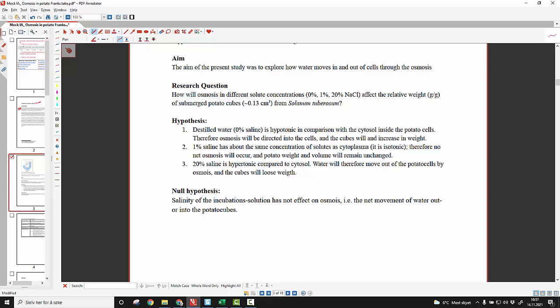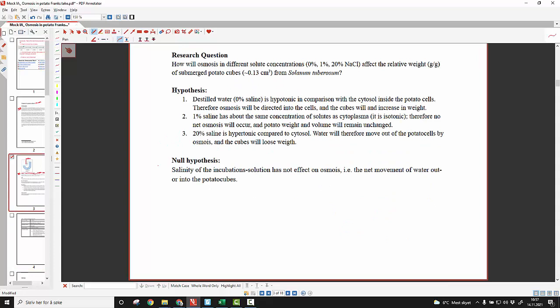So in the potato experiment, we will have 3 different saline solutions, and I say in all 3 situations what I expect to happen. And we also need a null hypothesis, meaning if we don't find the results we are expecting, what does that mean?